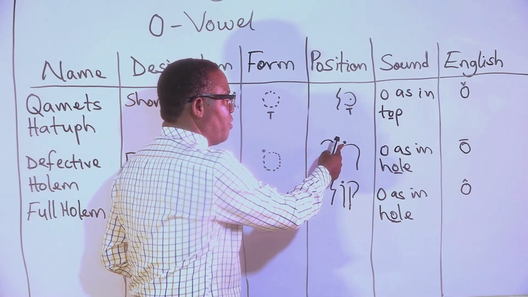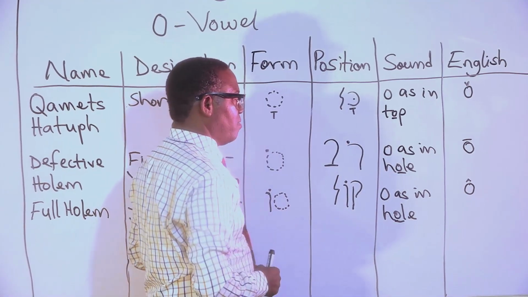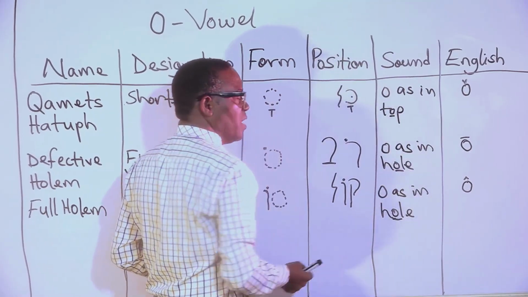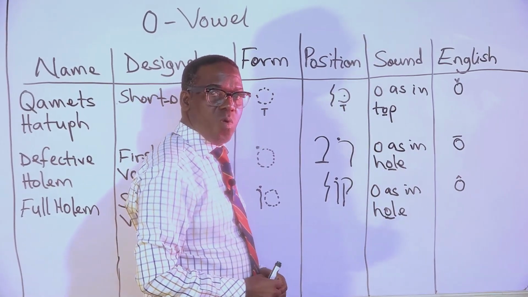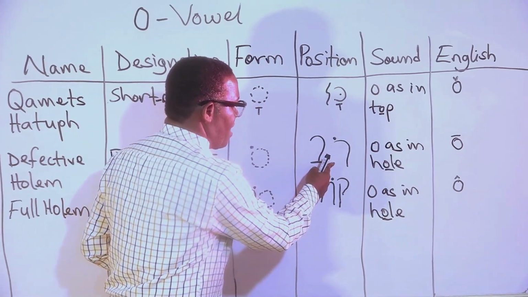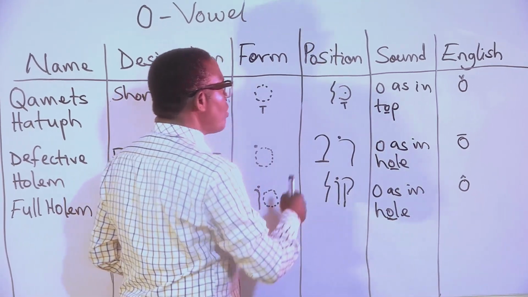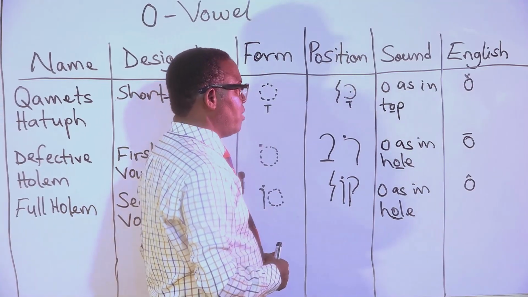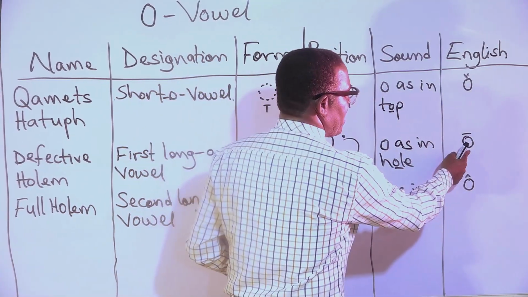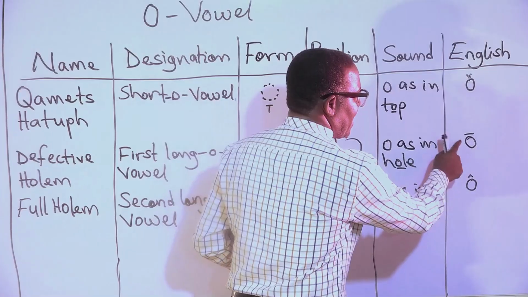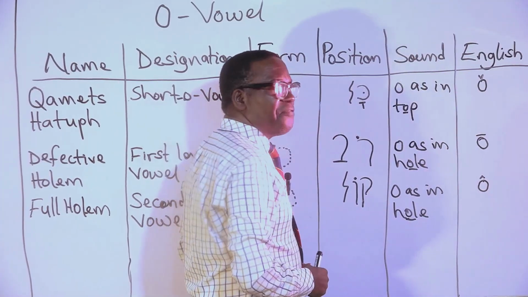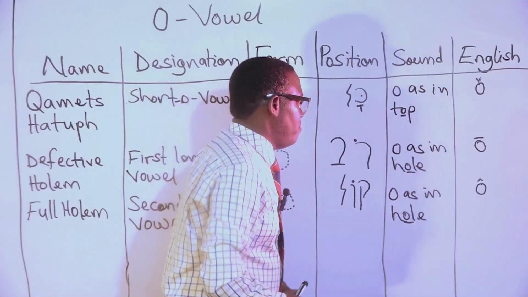This is defective olem, and this is base. And it sounds as the O in O. In pronouncing this word now, we have robe. And in English representation, it has this sign on top to show that it is defective olem.